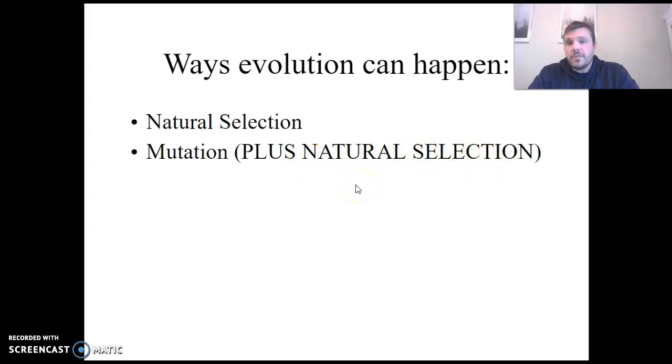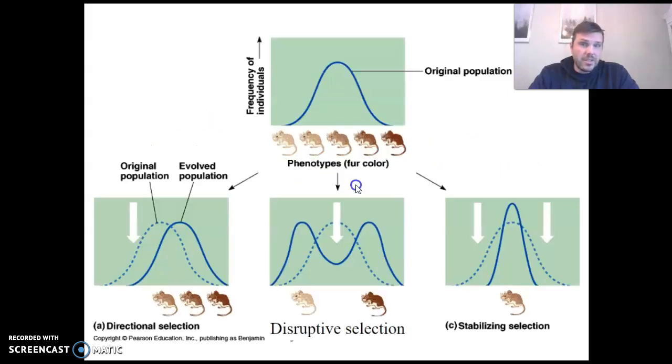Now, in order for natural selection to work in general, you have to remember that you have to have a variation of traits. So here we've got a bunch of mice and they vary in coat color from very light to very dark. I'm sure you could all imagine scenarios where this mouse might survive better, or this mouse, or mice on this end of the spectrum, or mice on that end.